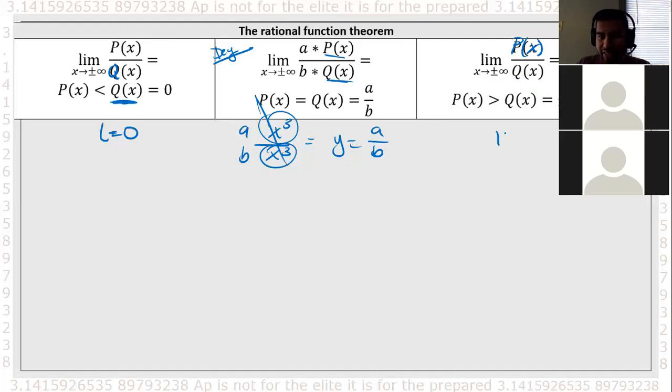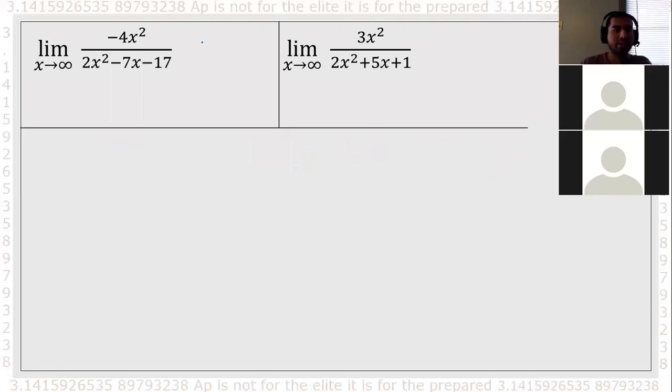So x to the 5th divided by x, you can see that it's bigger in the numerator than in the denominator. So this will probably go to infinity if x is going to positive infinity. Does that make sense, kind of? If not, I've got examples and we'll do it right now. I'll give you a couple seconds to write the first one out, but they're not that bad, promise you.